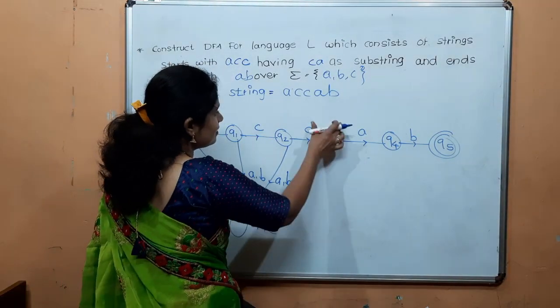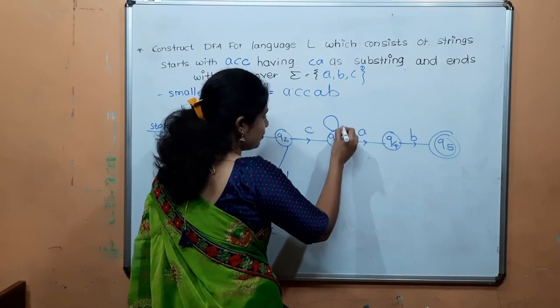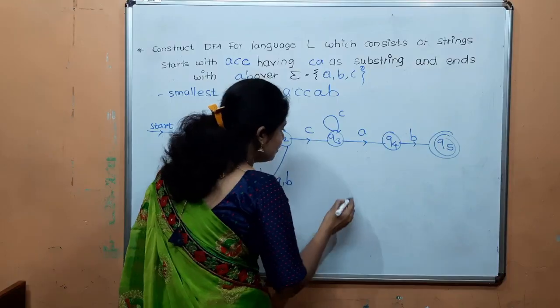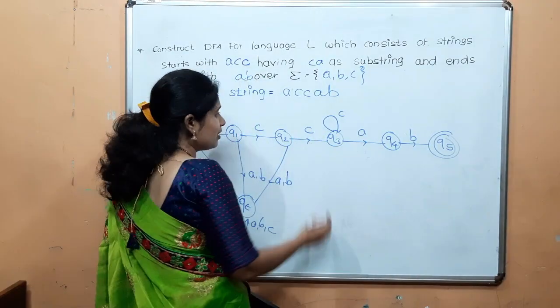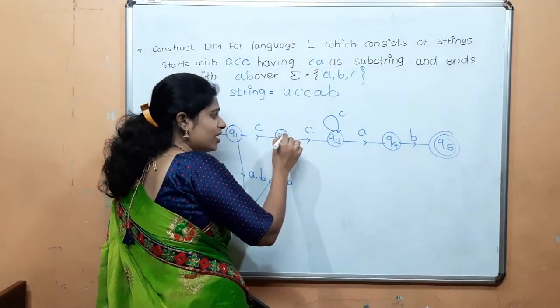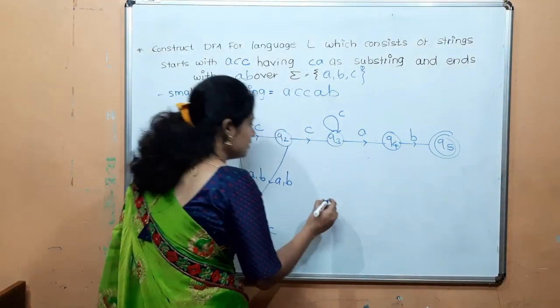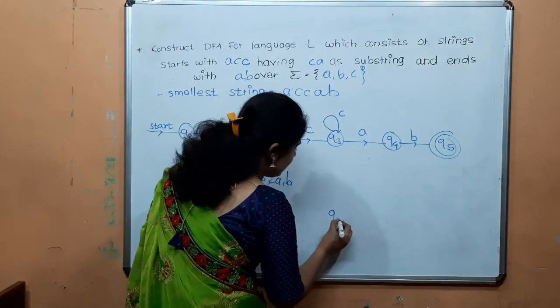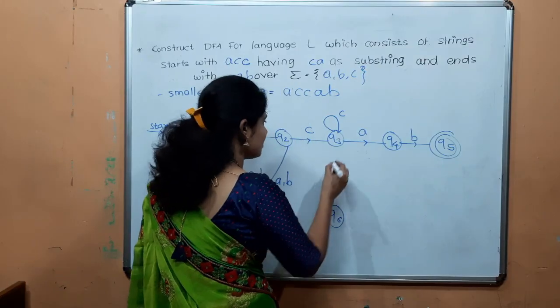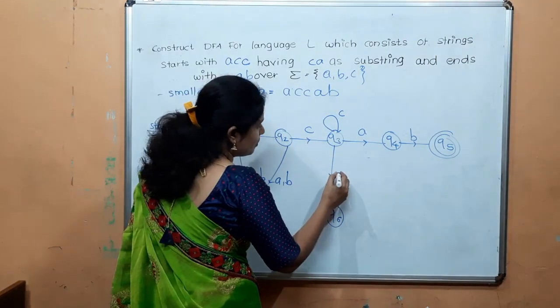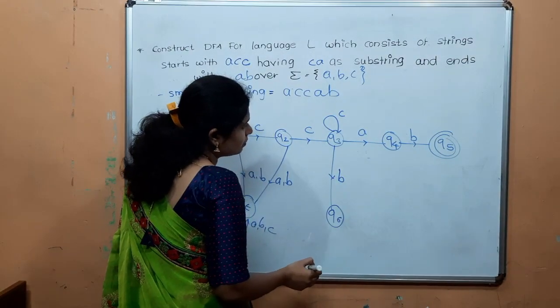Now having CA: after this C, any number of C can occur, and we can have CA. After this, A will be given, so after this C, if B occurs, it cannot go back, because we cannot interfere with the starts with part. So here we can add one more state, that is Q6. After this C, B will occur, then what can I do?